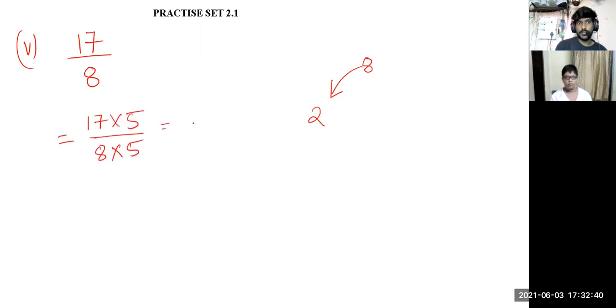So this will become 17 5s are how much? 85. So 85 and 40 here. Now I want to make this 40 some multiple of 100, it has to become 100 or 1000, something like that.